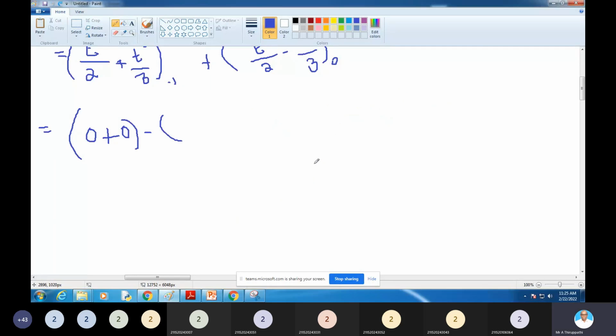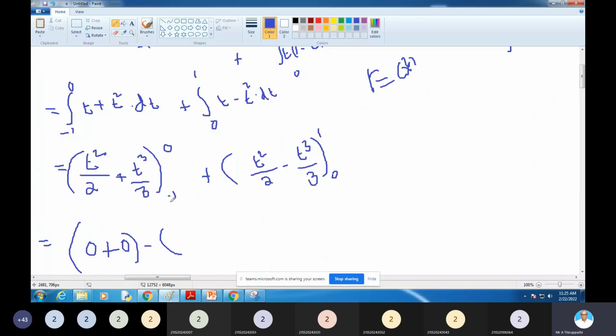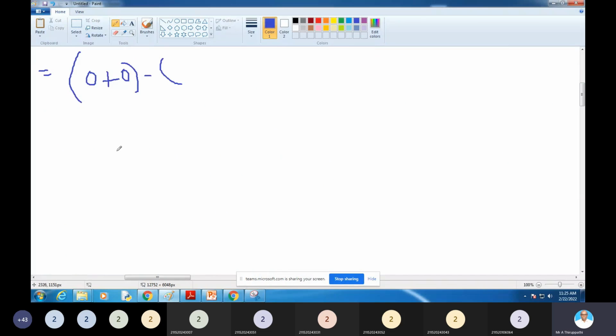Now, to find the variance, let's find the second moment. What is the form of second moment? Expectation of x square. In a discrete case, it is the sum of x square p of x. In a continuous case, it is the integral of x square f of x dx.